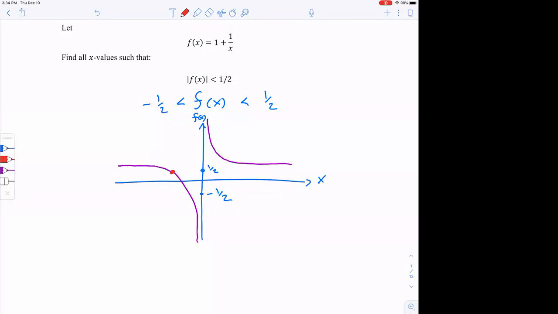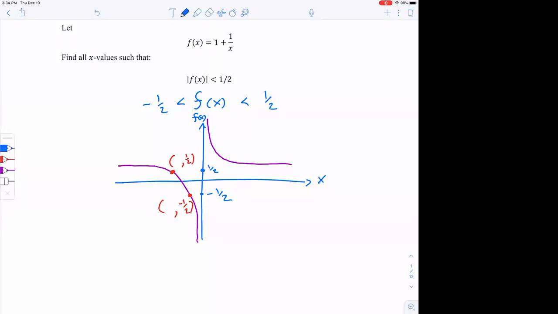When you plug in 1/2 for y, we should make sure that we're leaving some space for y and x. 1/2 is the y value, and we want to search out the x value. And then when the y value is minus 1/2, we want the same thing. We want to search out that corresponding x value.